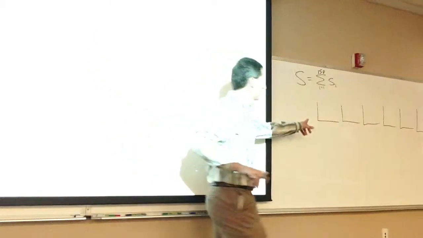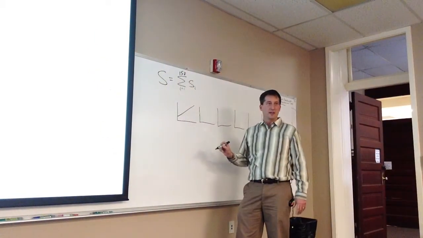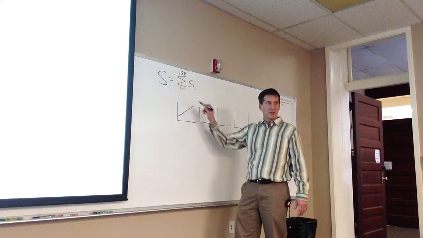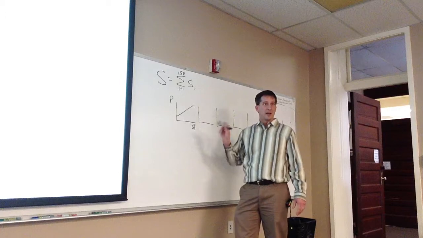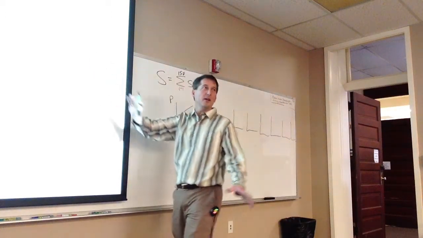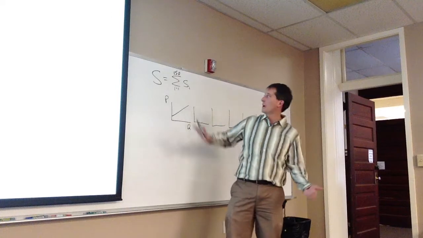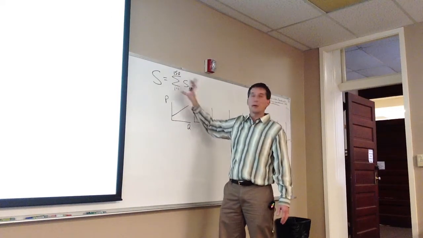You do got to be careful with this diagram when we draw the supply curve. We've got the P's and Q's switched around, right? We got a P up here and a Q down here. But from an equation standpoint, what are we doing? We're summing up the quantities supplied by each individual.